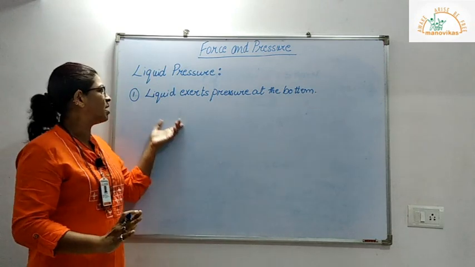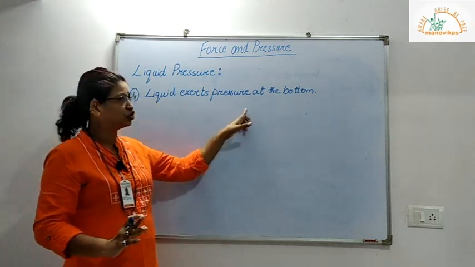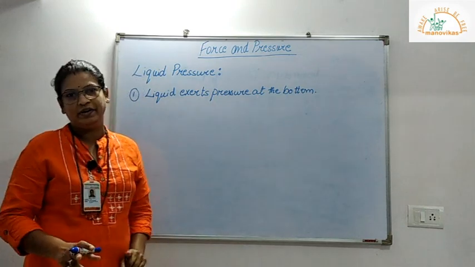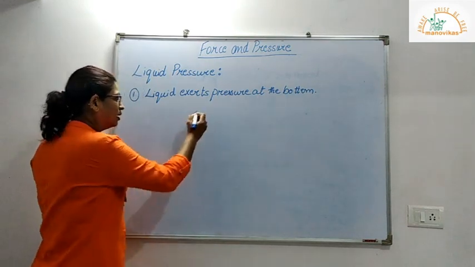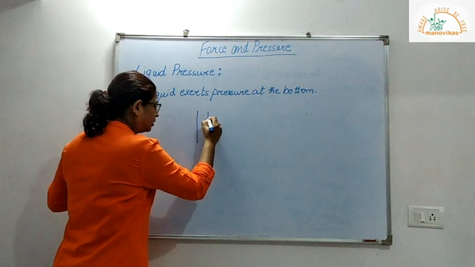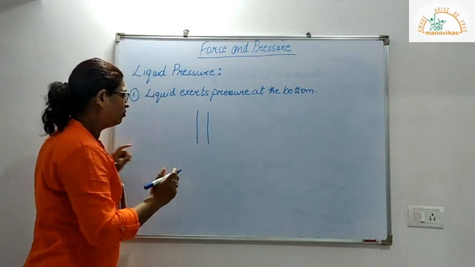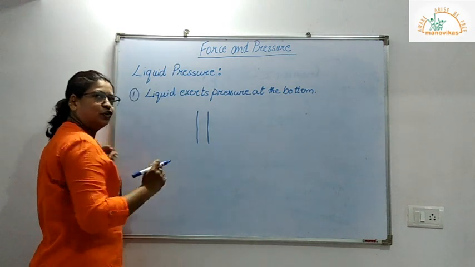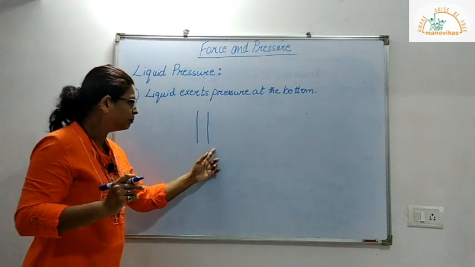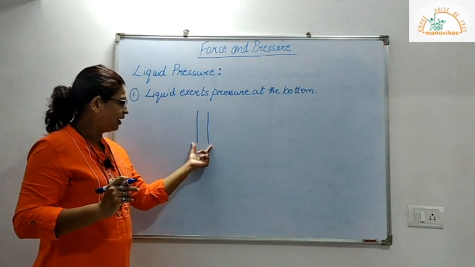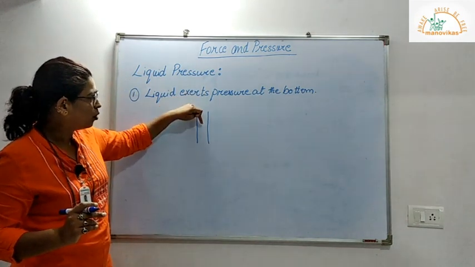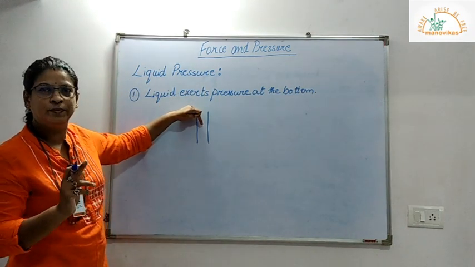Our first example is that liquid exerts pressure at the bottom of the container. Now we take a glass tube with both the ends open. At one end of the tube we tie a balloon. After tying the balloon, we pour water in the tube.